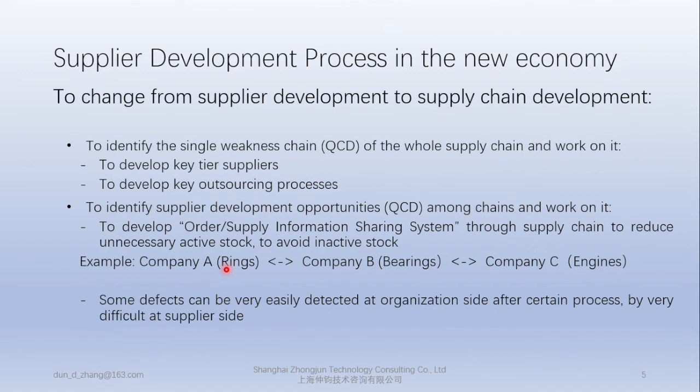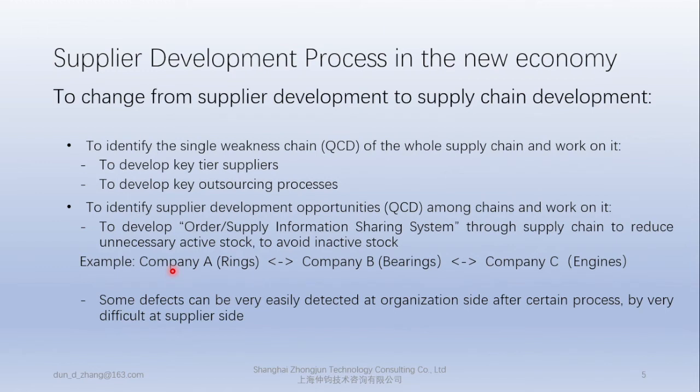If you know, after heat treatment, the ring is no longer easy to inspect. But the bearing company requires the ring company to deliver zero defects for cracks. So they spend a lot of money doing visual inspection and MPI to try to detect those cracks. Of course there is a cost for that, and the result is not good, because it's not effective.